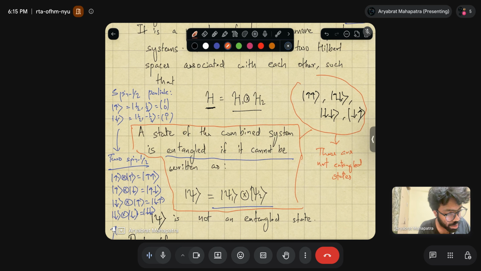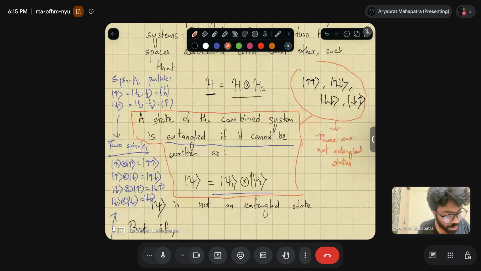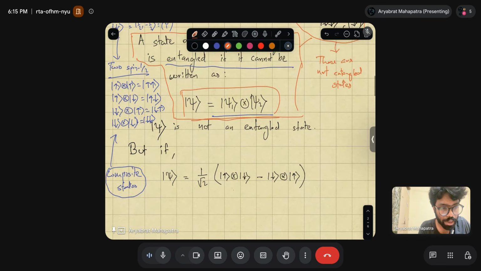So what can be entangled states? If we take some specific linear combination of these states, which are sometimes also known as product states, then there will be a new linear combination state, which we can call an entangled state.